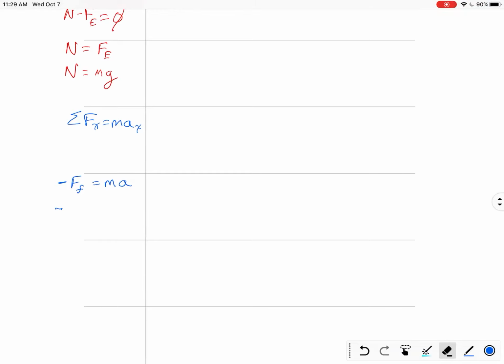Probably should not use that since I used that in my force diagram. F sub k would be a better way to describe it. What is the kinetic force of friction? Well, we know it's mu sub k times the normal force. And that needs to equal mass times acceleration.